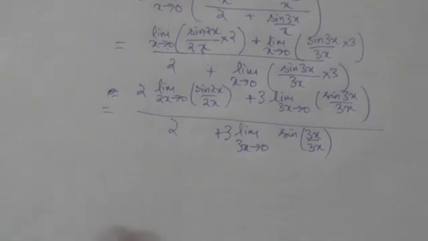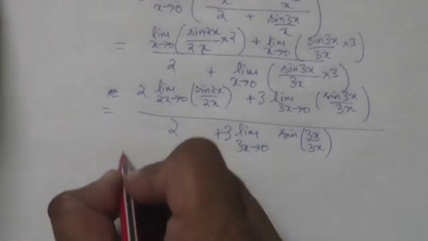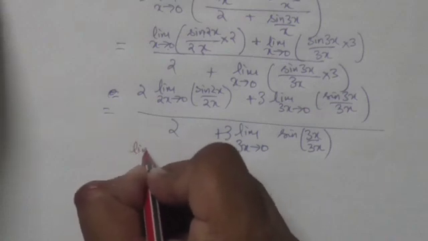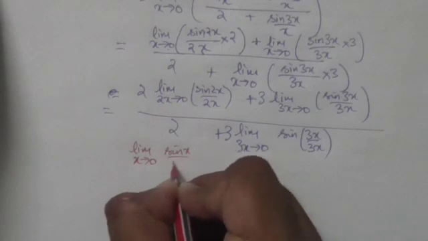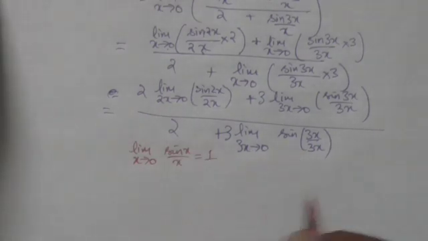Now here we will use that theorem which I told you before also, that limit x tends to 0 sine x upon x is equal to 1.